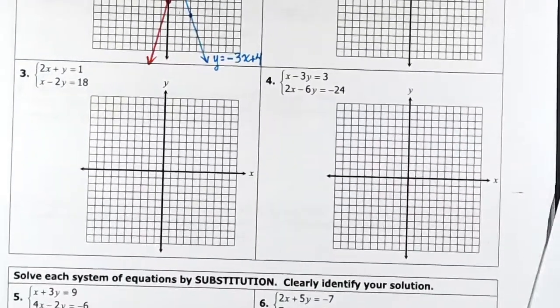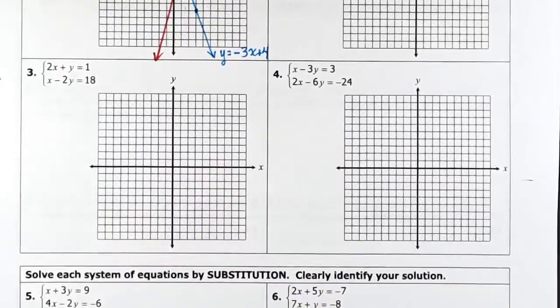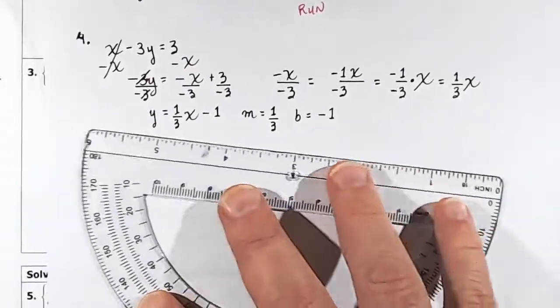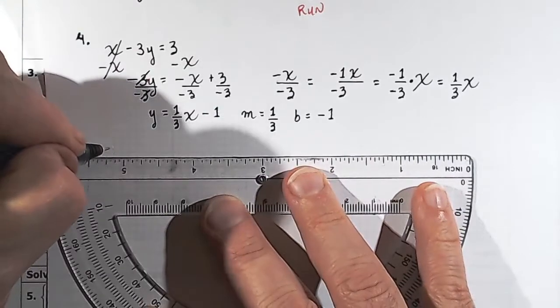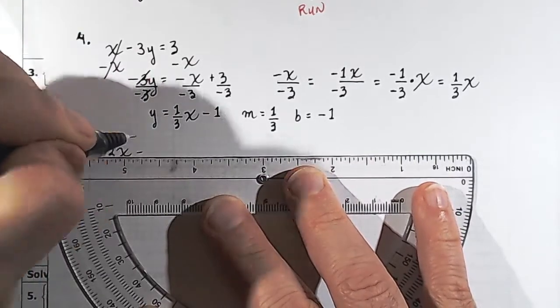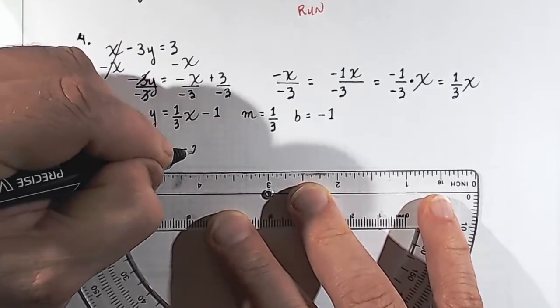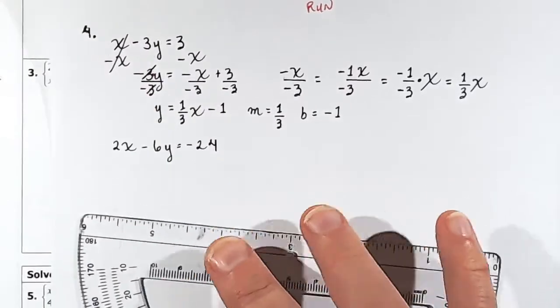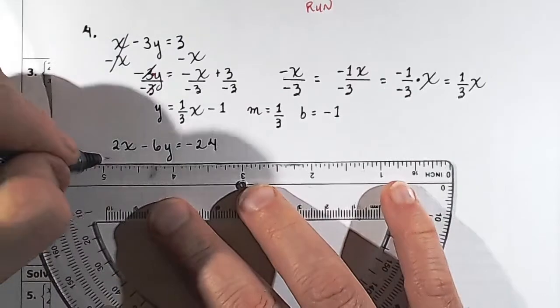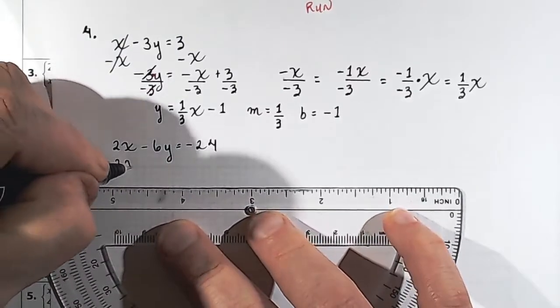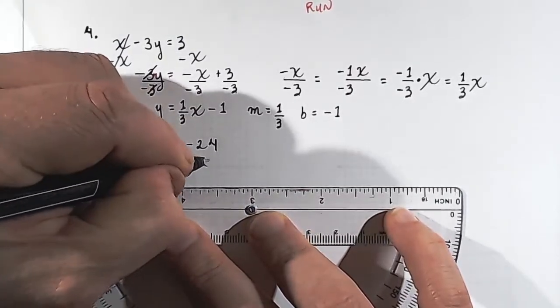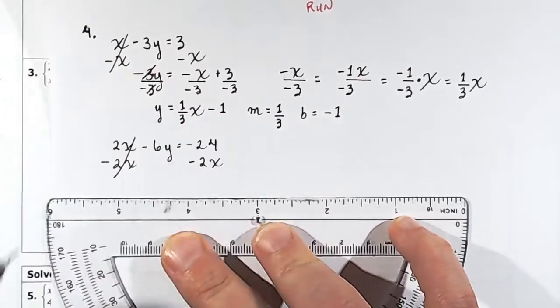The second part, 2x minus 6y equals negative 24. Let's do that next. 2x minus 6y equals negative 24. We will begin by subtracting 2x from both sides and canceling those out.